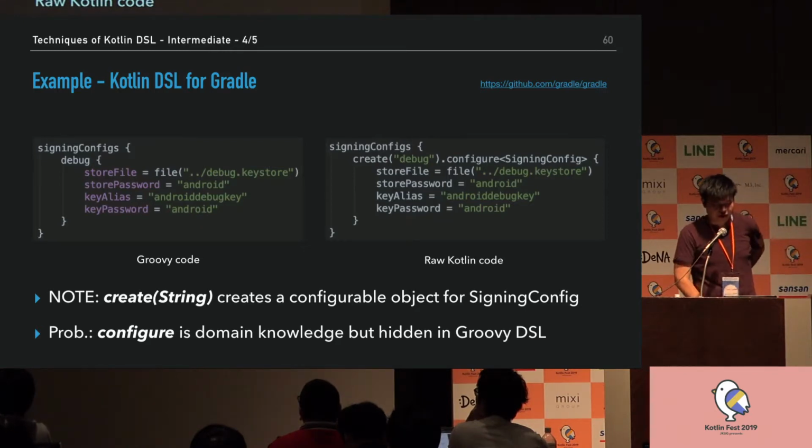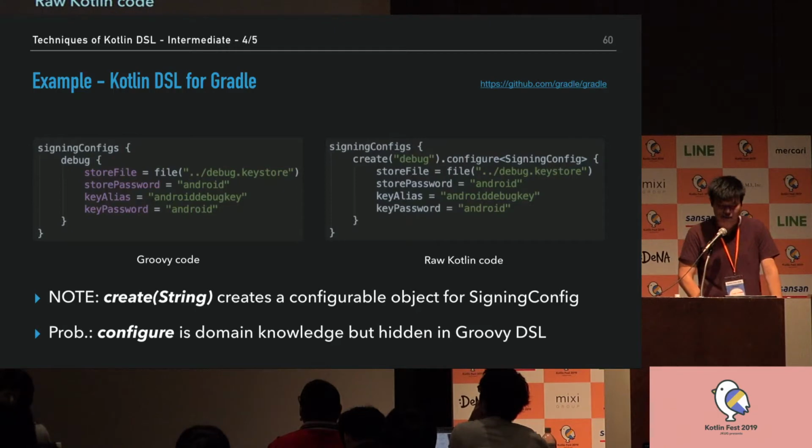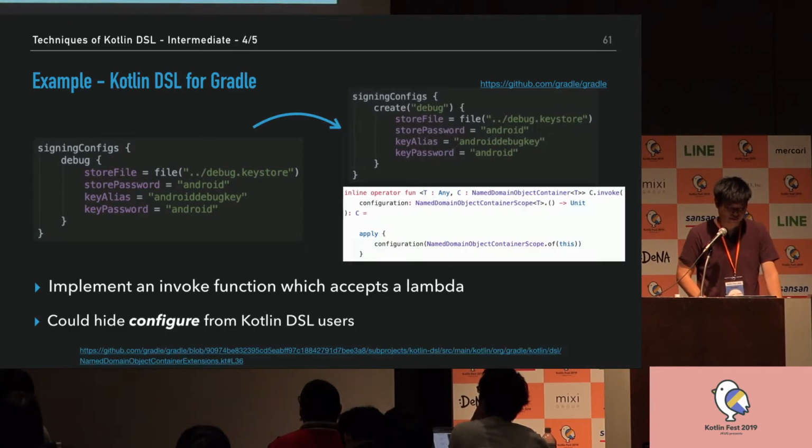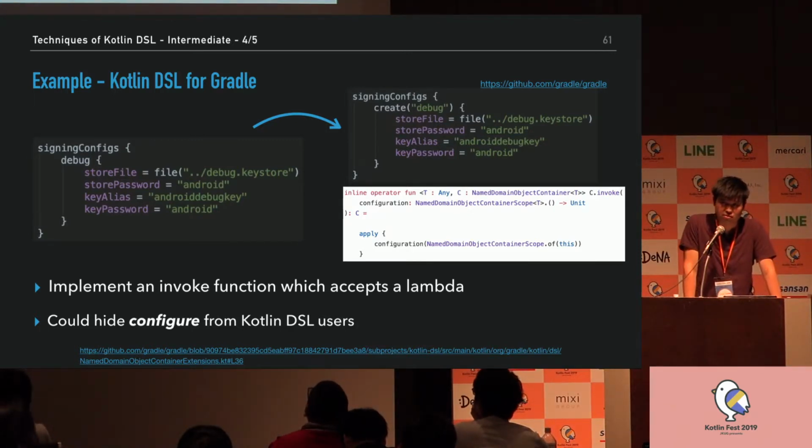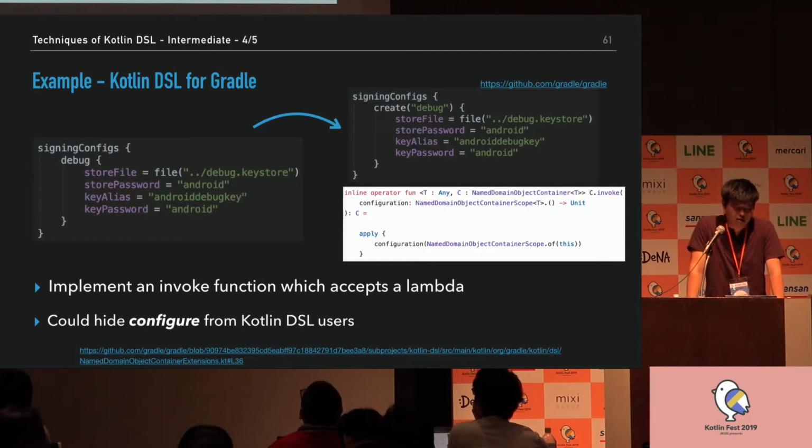For this issue, Kotlin DSL for Gradle reduces the burden by method convention. Kotlin DSL for Gradle uses the invoke convention from method convention. An object which implements the invoke method can be called like a constructor call.